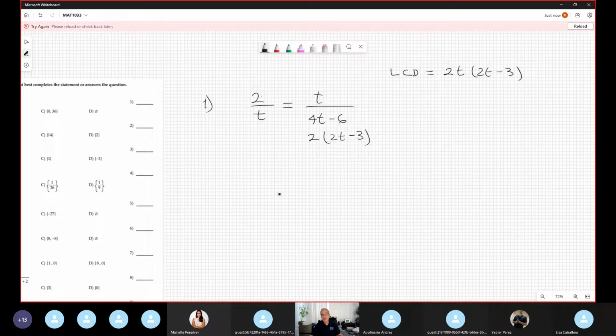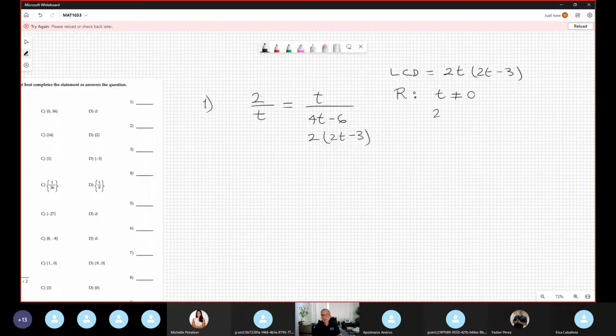Therefore, immediately I write the restriction. I write a capital R, the main restriction, and you take, for example, any factor equal to 0. So t is not 0, and this is logical, because if you plug 0 in here, it is undefined, right? 2 divided by 0 is undefined.